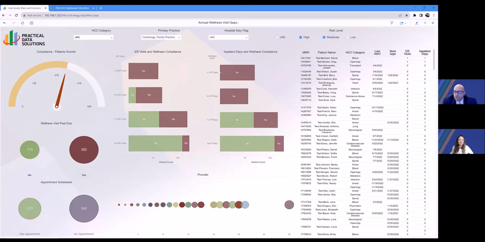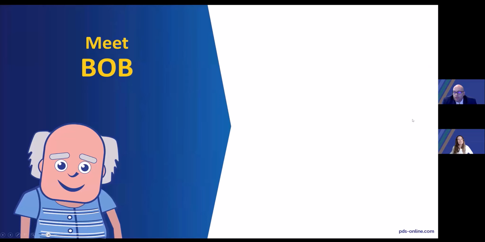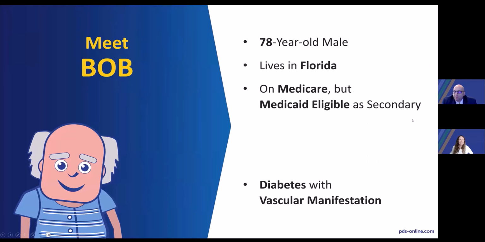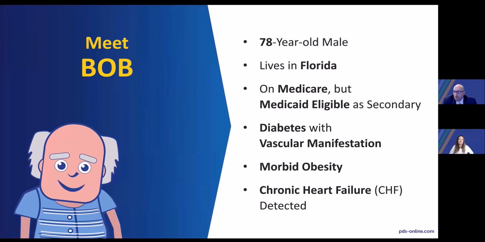We want to talk about something that's a little bit easier to do, but ways that we can be a little bit more proactive in our approach, because what we're really worried about is how can we become more data-driven in our treatment of Bob? And for those of you who have been with us for a while, you know that Bob is kind of our standard patient that we like to use as an example when talking about chronic conditions. But really, finding Bob and treating Bob is a key in providing overall quality care.